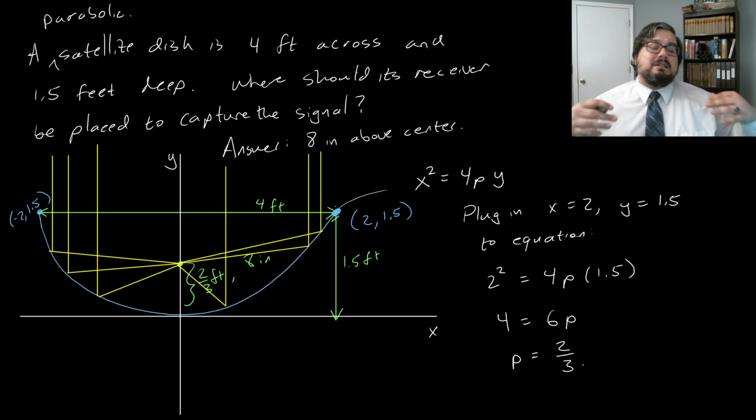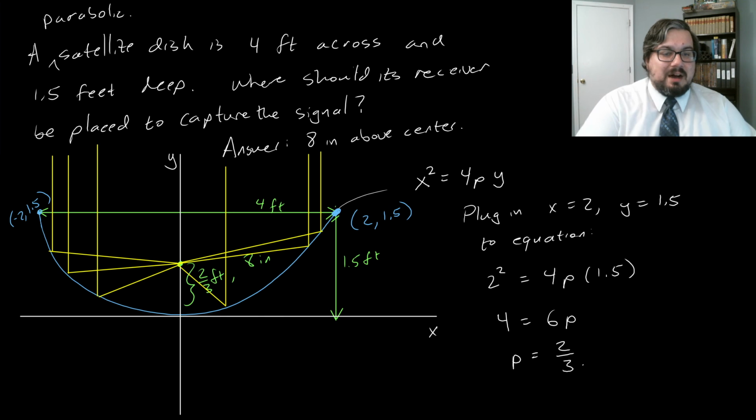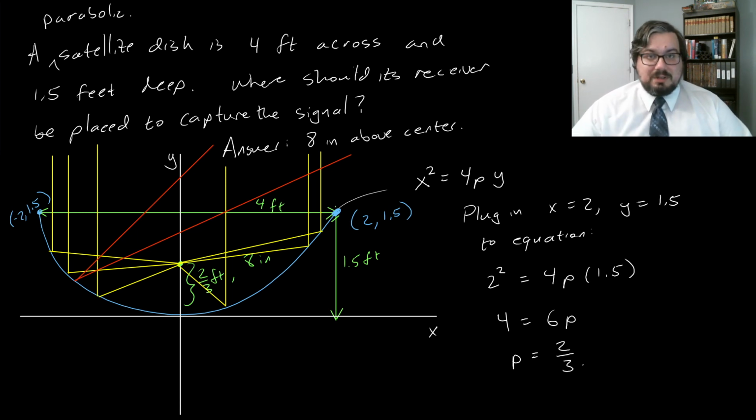The satellite dish here will only focus signals in from something it's pointing directly at. If there's some other signal that comes in randomly here, it's just going to bounce off, do something else. It's not going to go towards the focus. The only signals that are going to be reflected into the focus are the ones that are coming straight in the first place.